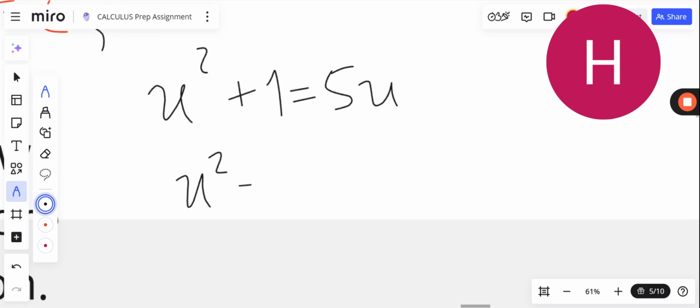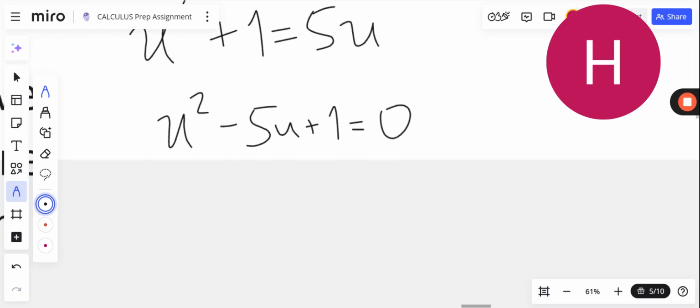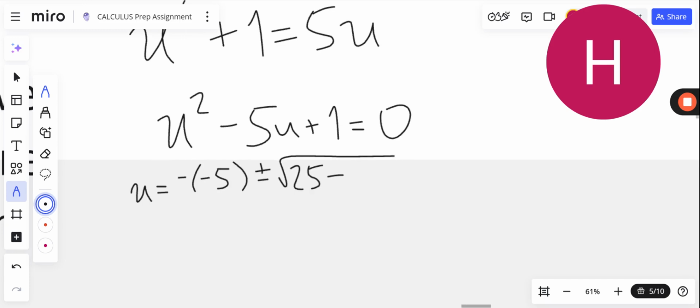Let's get everything over on one side, and then let's use the quadratic formula. Negative b plus or minus the square root of b squared minus 4ac, which is 4 times 1 times 1, all over 2.